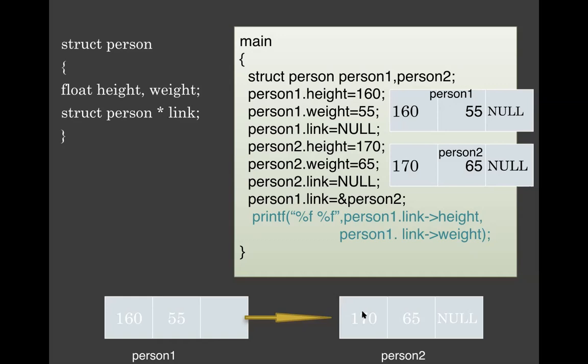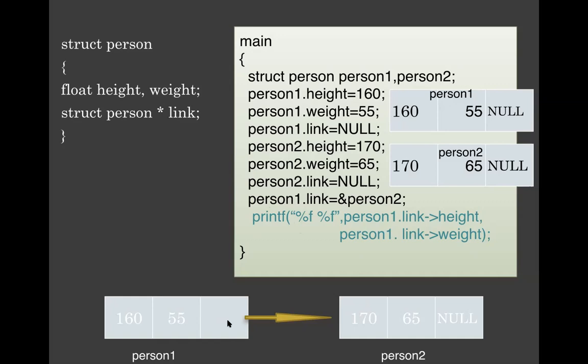Now I wanted to make person 1's link point to person 2. How do I write it? Person 1 dot link equal to address of person 2. So person 1 dot link equal to ampersand person 2. That is, I'm assigning the address of person 2 to person 1's link.